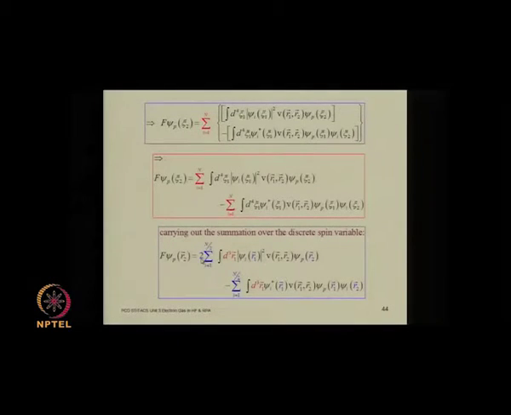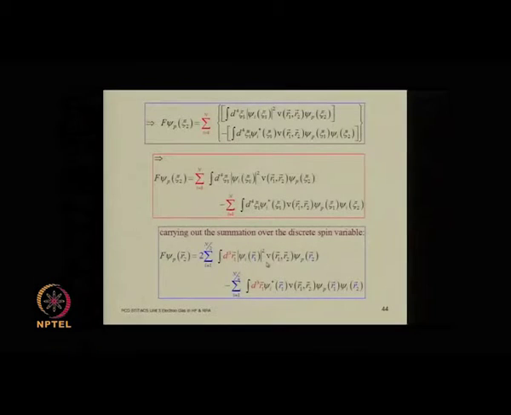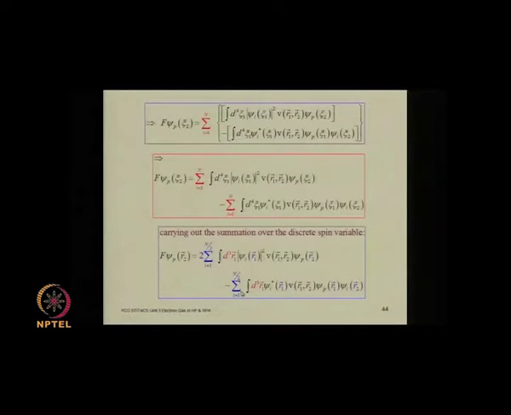This becomes twice summation I going from 1 through n by 2 for the Coulomb term. And for the exchange term it goes as summation over I going from 1 through n by 2, because all the components which are contributing to the summation with spin up and spin down, those will go to 0 because of the orthogonality when you carry out the summation, right.